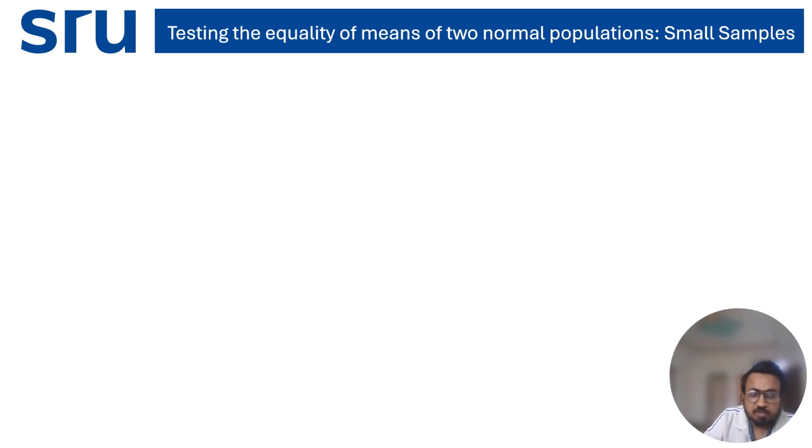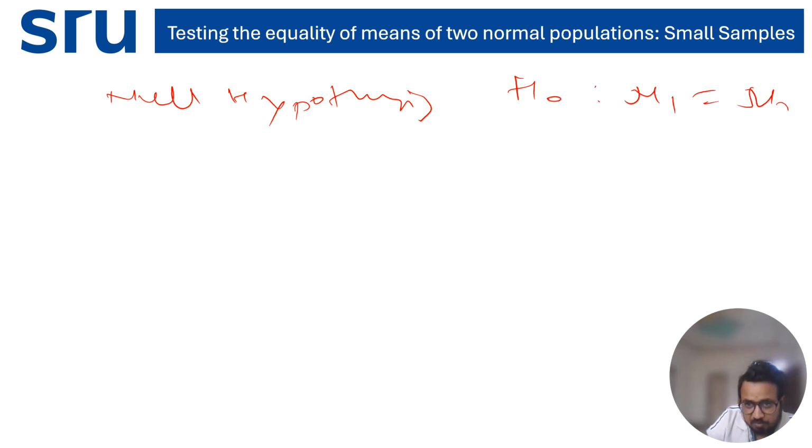So what is the formula? First we construct the hypotheses. The null hypothesis H naught is mu1 equal to mu2.